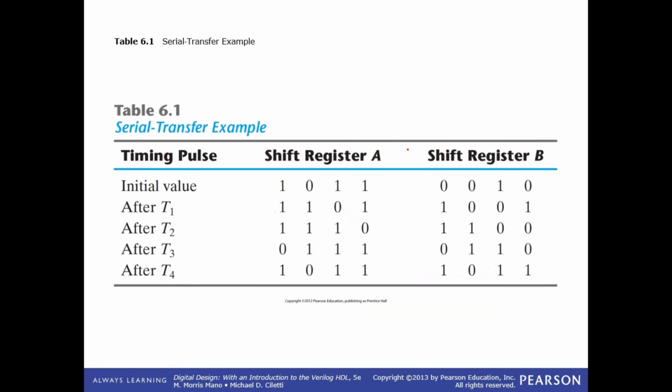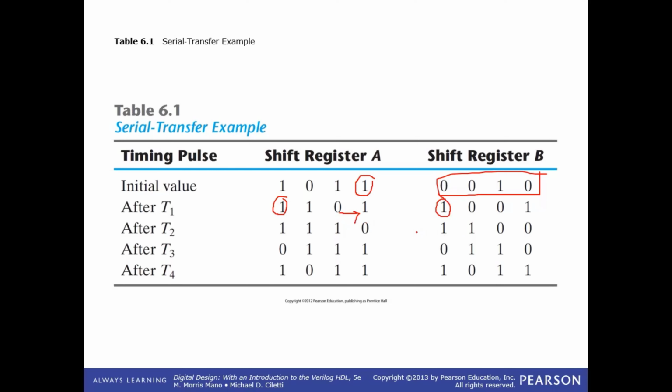You see, this is the shift register A. This is the shift register B. The initial value was 1011, and we say that the shift register B was standing at any random value. So at the first positive edge of the clock, this 1 transfers to this place and this place as well. The next thing that happens is this 0 goes over here.